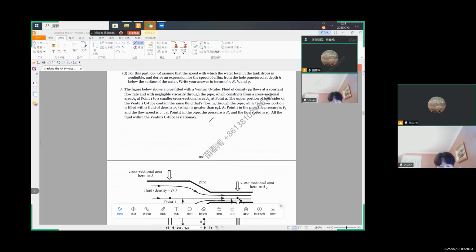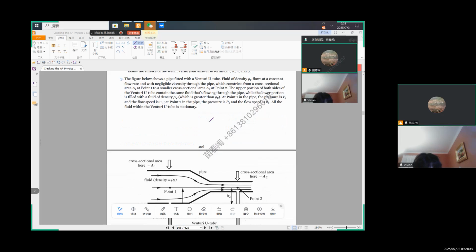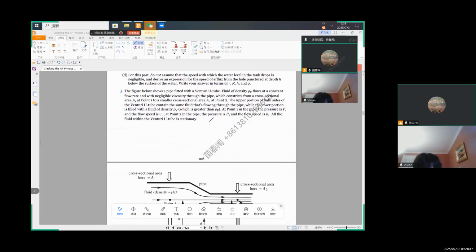See 3. The figure below shows a pipe fitted with a U-tube with density rho F flowing at a constant flow rate through the pipe, which constricts from cross-section area A1 at point 1 to smaller cross-section A2. Both sides of the tube contain the same fluid that's flowing through the pipe.